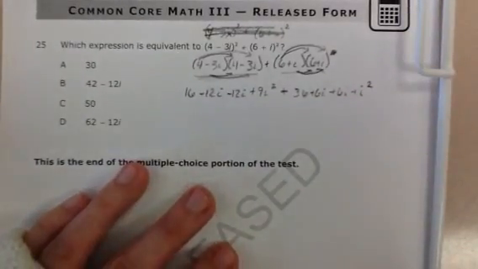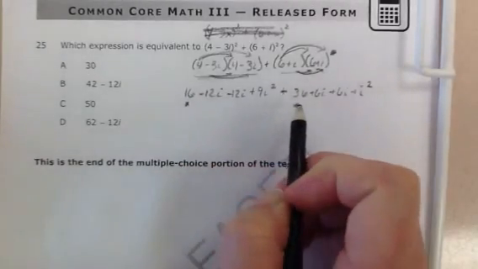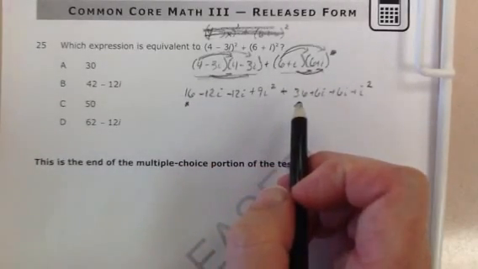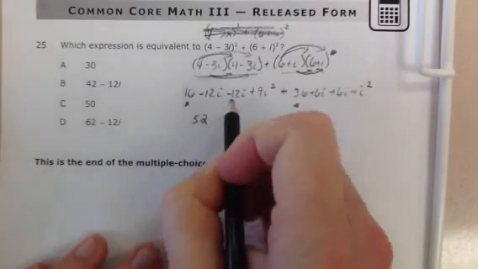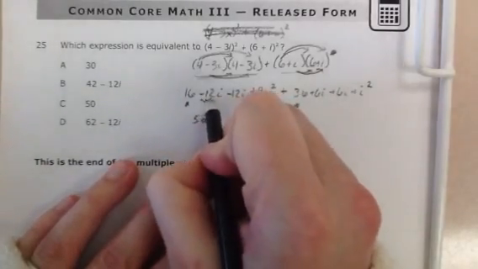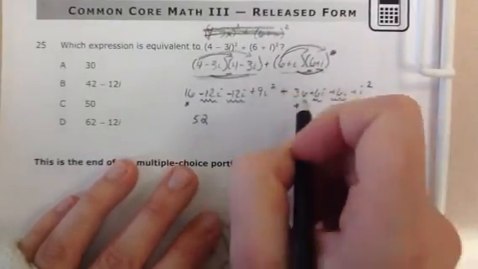And now we have like terms to combine. We have the 16 plus the 36. So 16 plus 36 is 52. We have negative 12i and negative 12i and positive 6i and positive 6i.